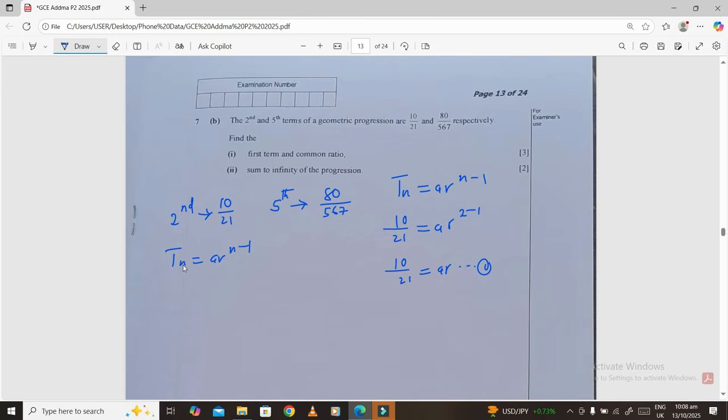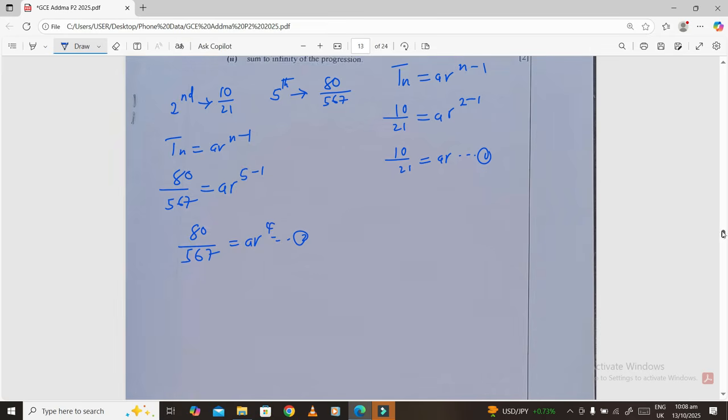We now come to the next one using the same formula. Now, where there is t subscript n, we write 80 over 567 equal to A r power, the n now will be 5, minus 1 there. 80 over 567 is equal to A r power 4. This is equation 2.